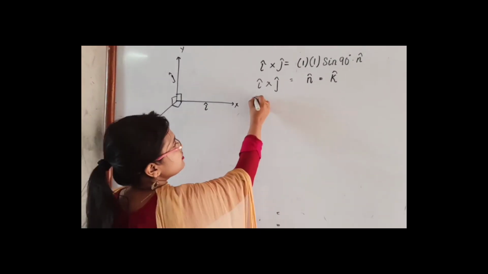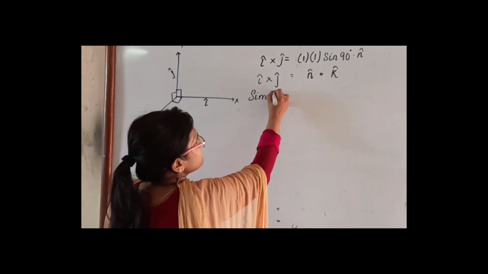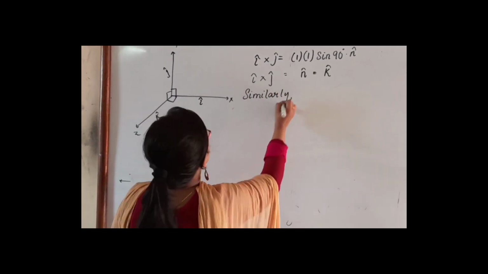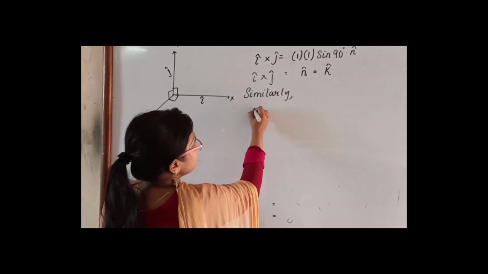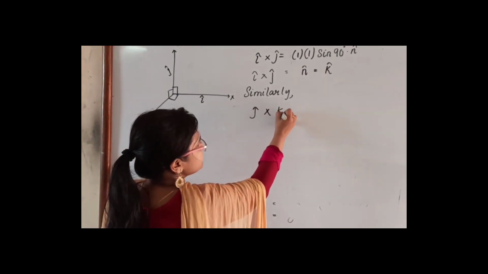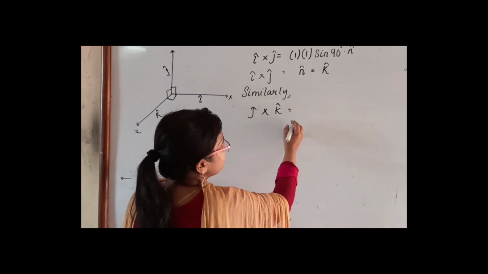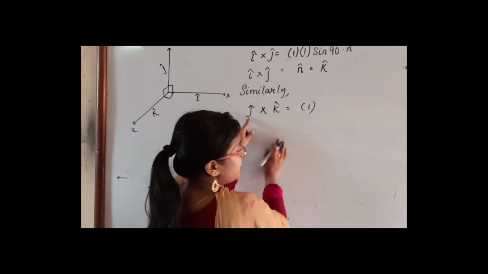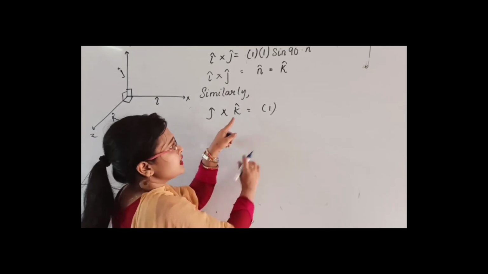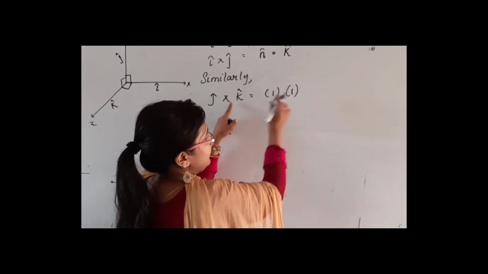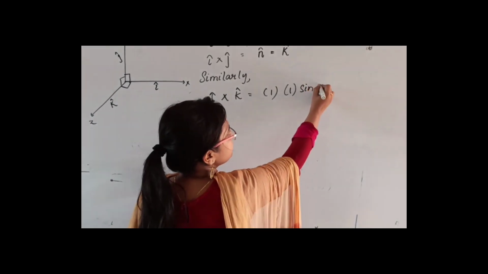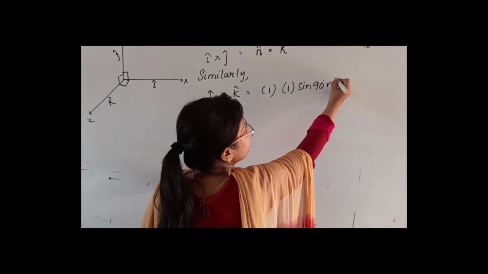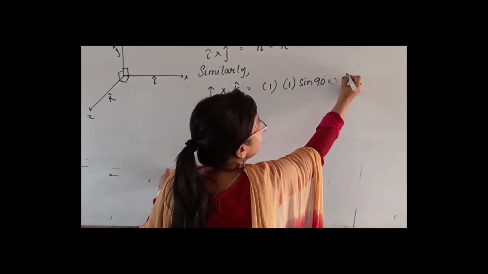Similarly, if I wish to find j cap cross k cap, the magnitude of unit vector j is 1, for k it is 1, and the angle between them is 90 degrees, sine 90, and the direction is n cap.